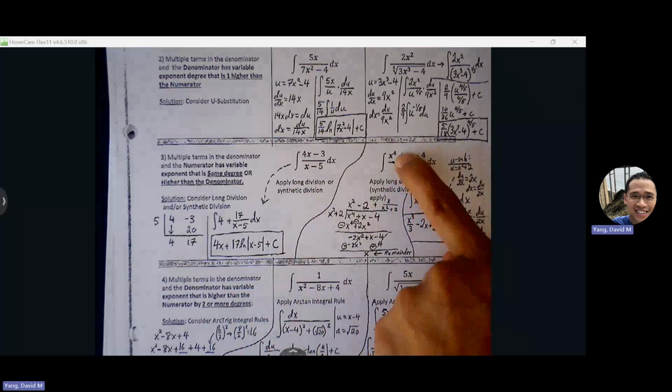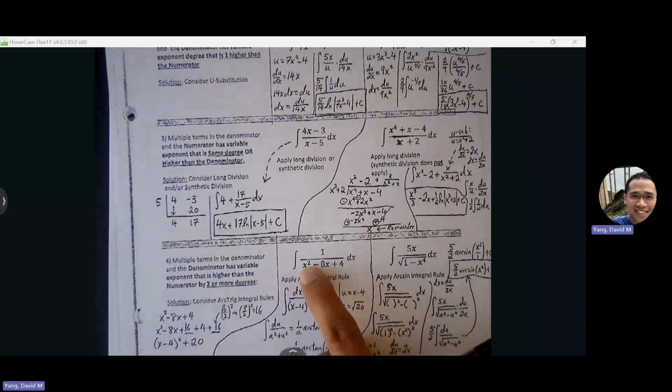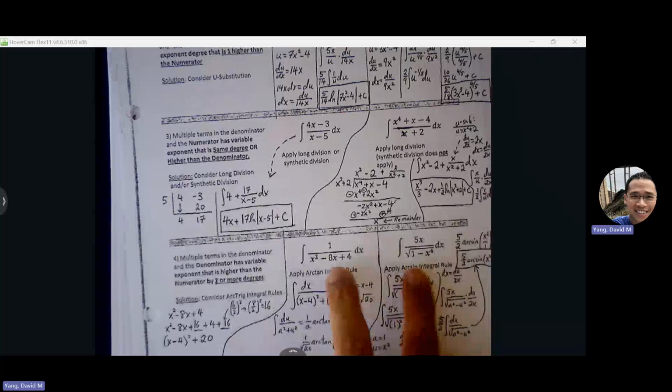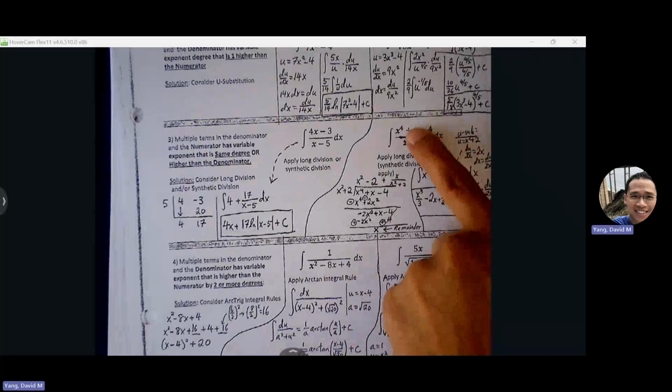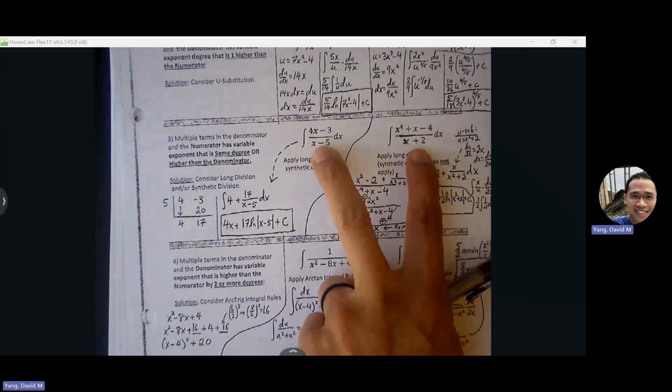Now you see how there's a gap here, right? X to the fourth and x. This is not going to be our trig, because our trig is going to be the other way around. If the degree is higher in the denominator and there's a gap, then we want to think about our trig. But if the numerator is the same or higher than the denominator, and there's multiple terms, that's usually a good indication that we do want to separate them out, but we're going to use synthetic division to do that.